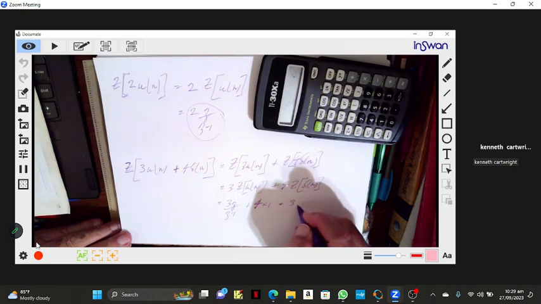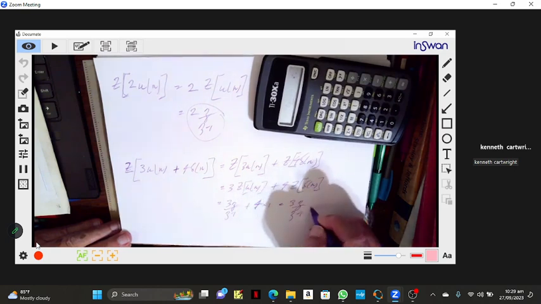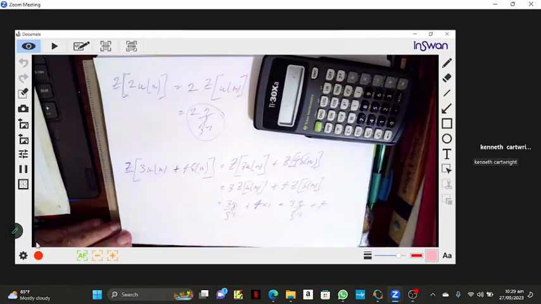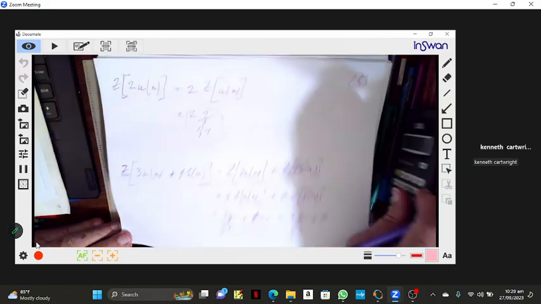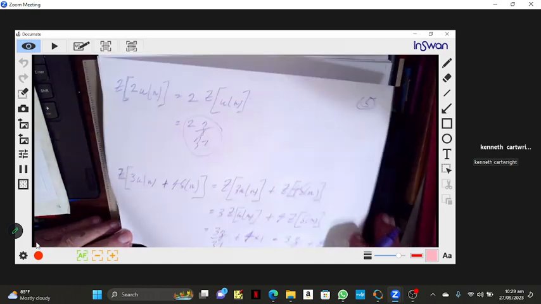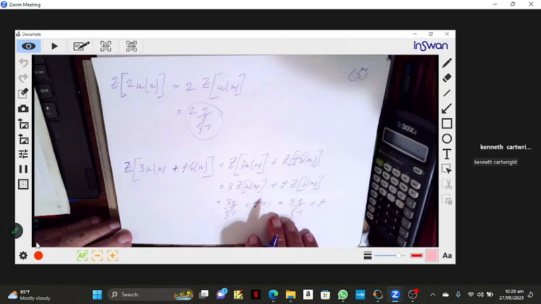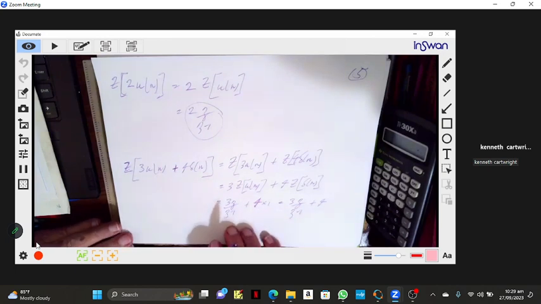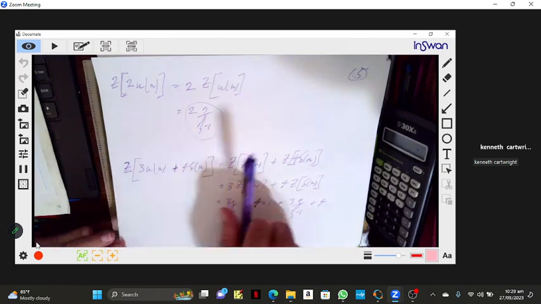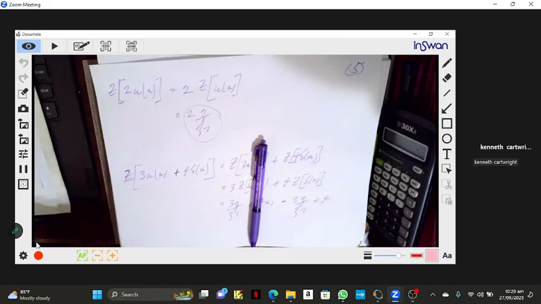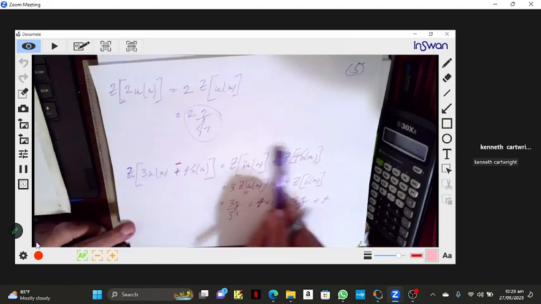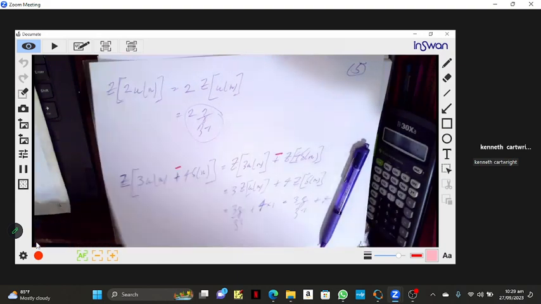So that's 3 z over z minus 1 plus 4. Okay. Any questions about that? So it works just like Laplace transform. And of course, if this is negative, this would be negative instead.